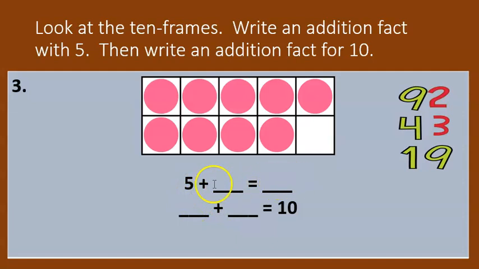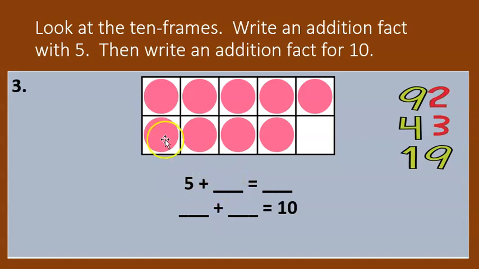Now we're going to look first at this first addition equation. 5 is already here for us because look, this first row has 5 pink circles. 1, 2, 3, 4, 5. So 5 goes here. Now we need a number here.